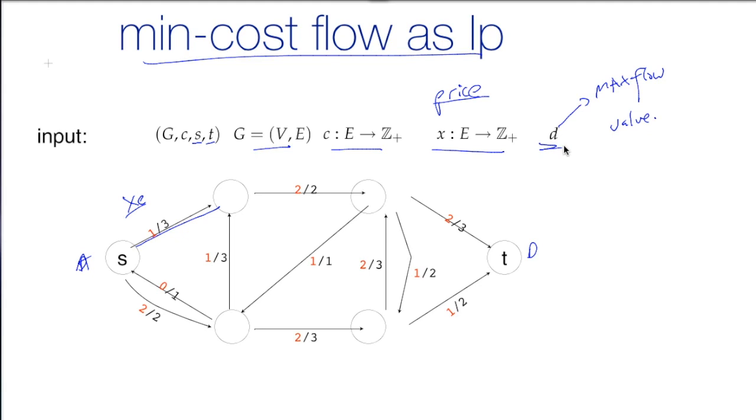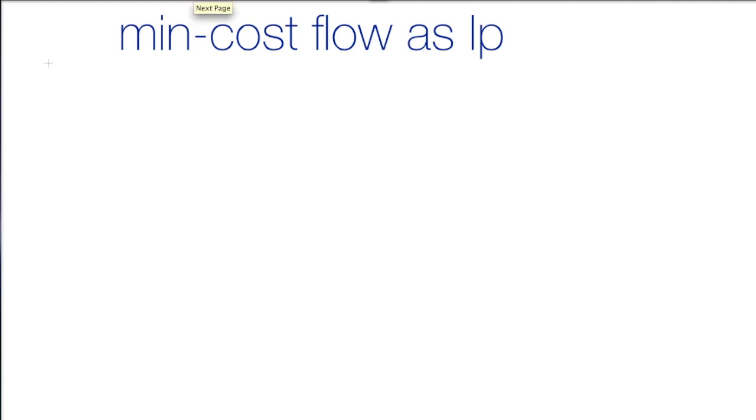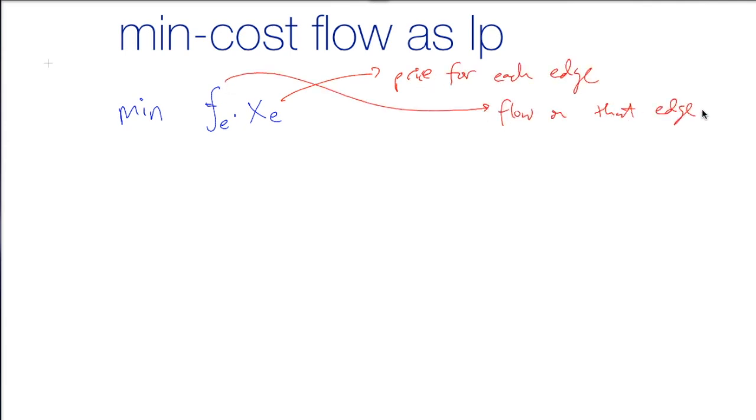And now we can formulate a linear program that helps us find the minimum cost flow that achieves this flow, right? So what we could do, for example, we could minimize the flow on each edge times, so let's say FE times XE, right? So these are prices that are given, subject to the constraints that we had before.